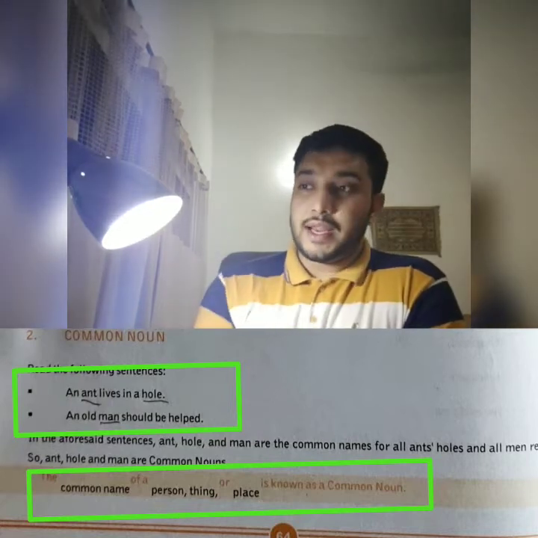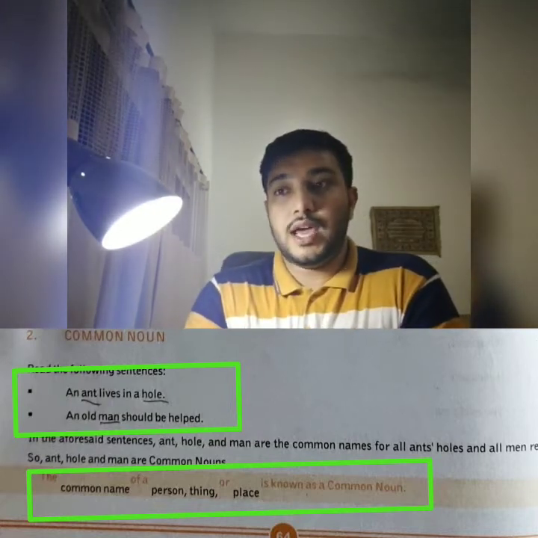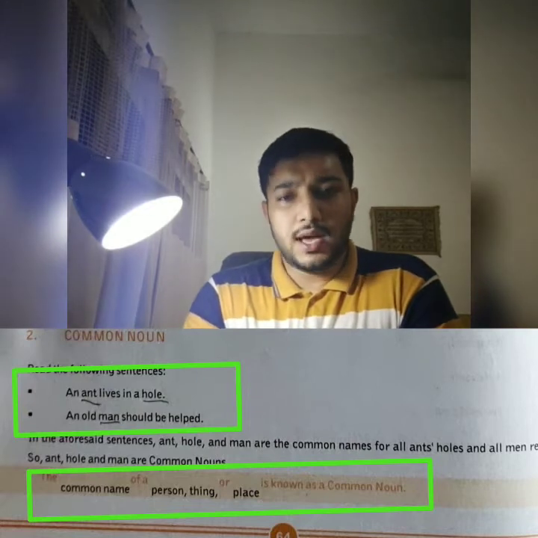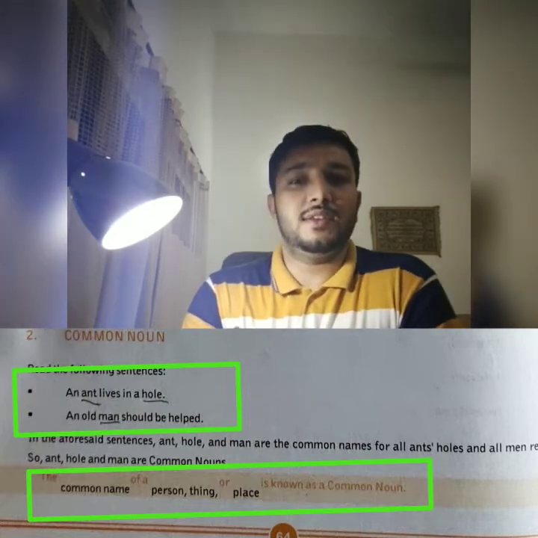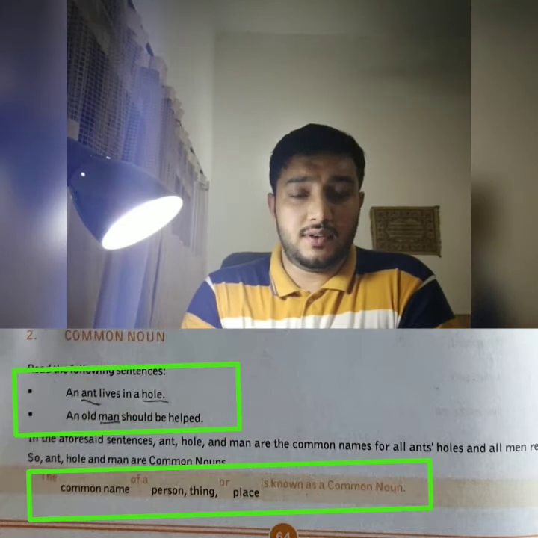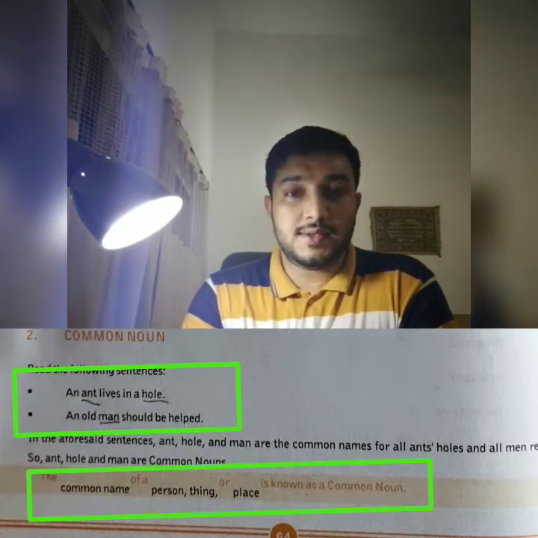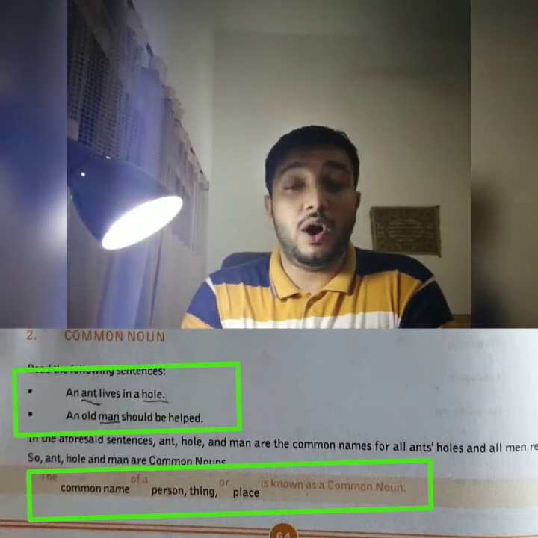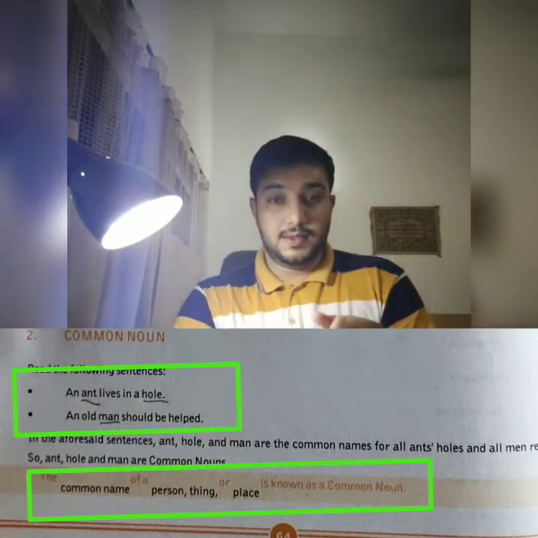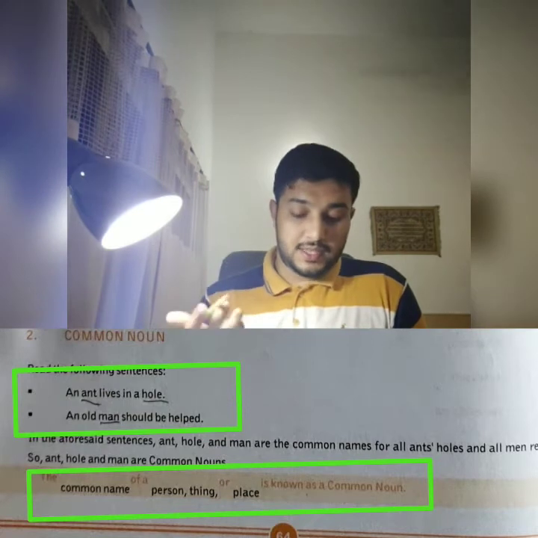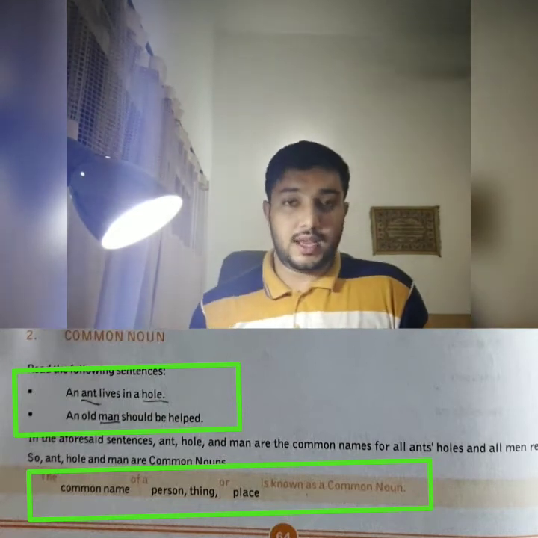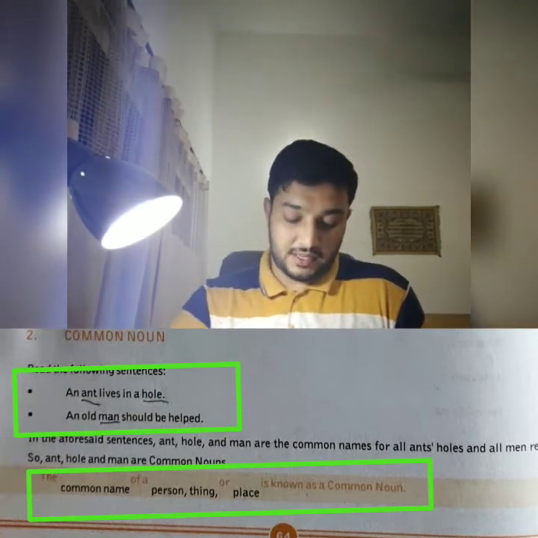So like tables, like chairs, you cannot measure the quantity of them. They are infinite. Chairs, persons, boys, girls, hair. These are all common nouns. They are all the same for everything.